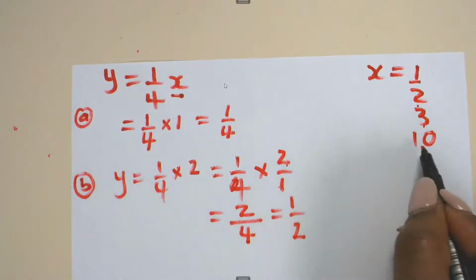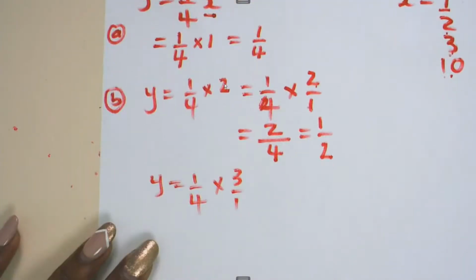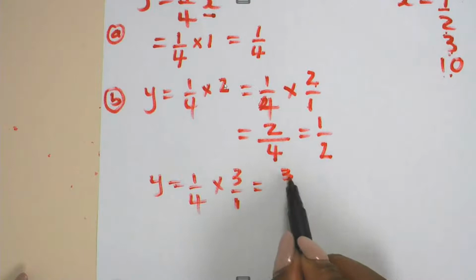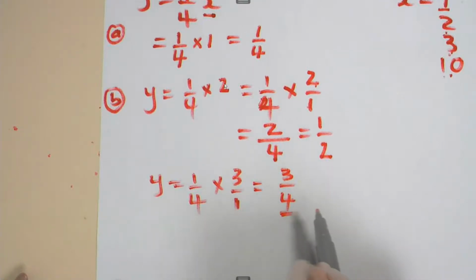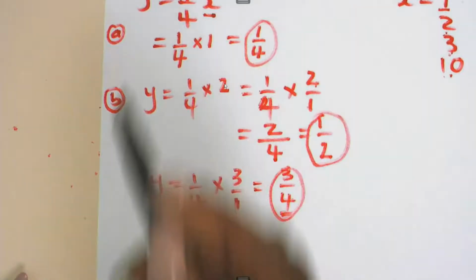Then let's take 3. y equals a quarter multiplied by 3. Then we don't have a denominator, so we have to put 1, which equals 3 quarters as our answer. These are our output values.